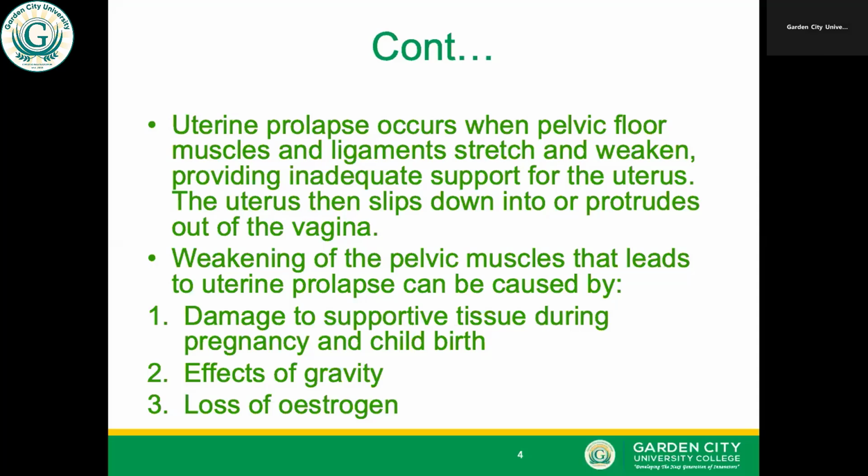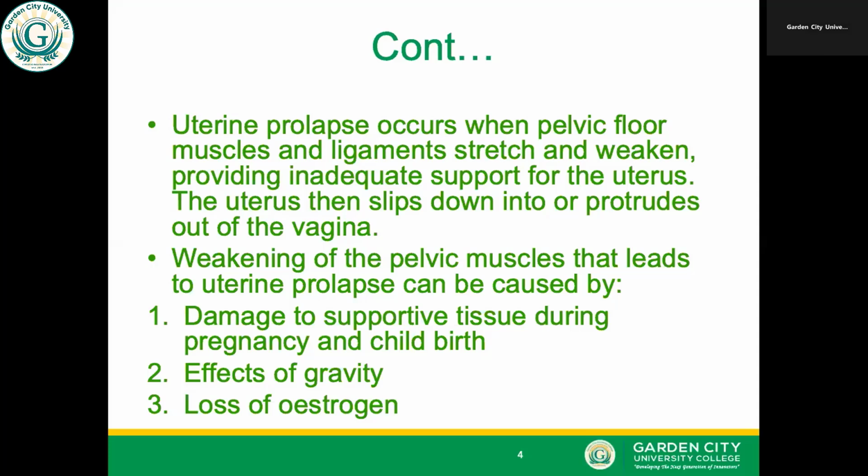And also loss of estrogen. Earlier on, we said that it's mostly found in menopausal or postmenopausal women or women who are multiparous. So during the postmenopausal stage, there is less estrogen, and estrogen strengthens the ligaments and supporting structures around the uterus.